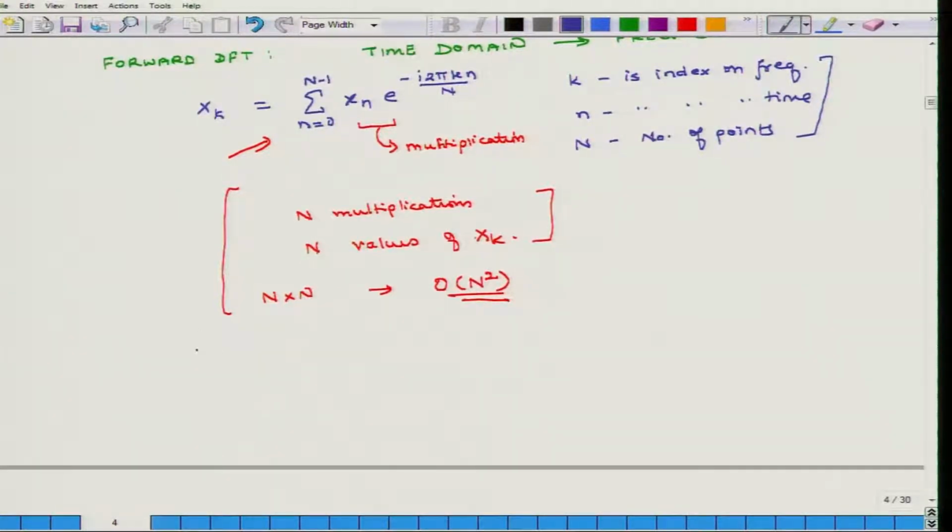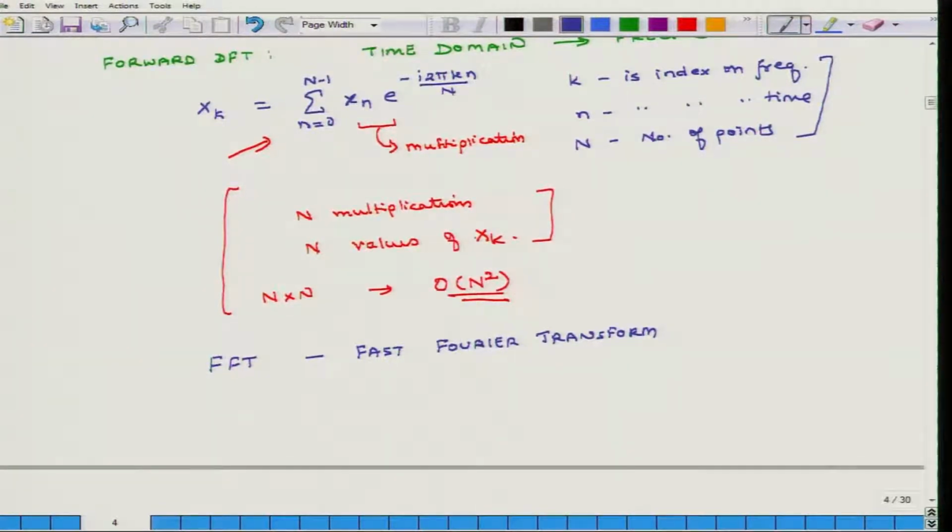So, a special type of DFT is known as FFT, and what is FFT? It is known as fast Fourier transform, and it is not any different from DFT.